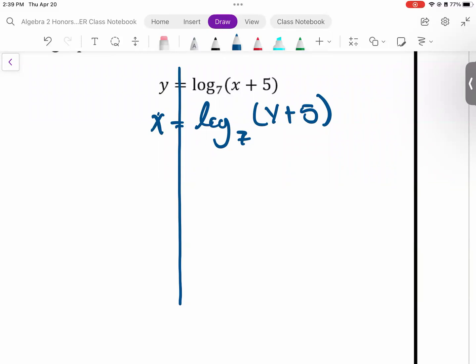Now, I don't have a number here, so I don't have to worry about anything. What I do want to do is get y by itself. However, y is inside the log. So I need to get rid of that log so I can get to y. So what I'm going to do is raise this to the power of the same base.